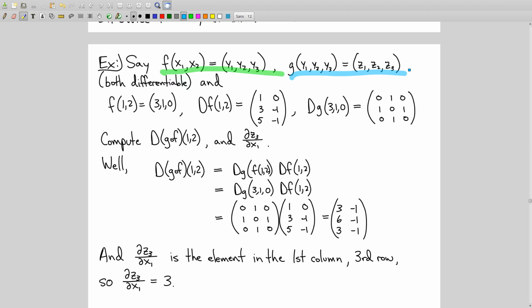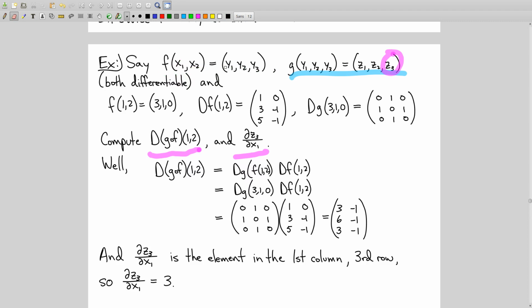And notice what the question is asking. The question is asking to compute the derivative of the composition, and furthermore asks for a specific partial derivative: the partial derivative of z3 with respect to x1. So that's one of the eventual output variables, partial with respect to one of the original input variables. Everybody with me? All right, so we'll deal with the second part of the question in a minute.